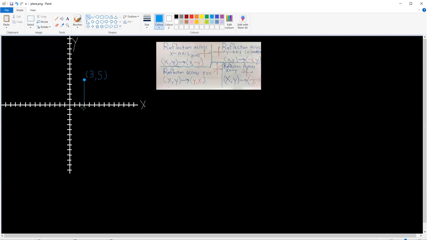Now it starts reflecting back the other way, maintaining 3.